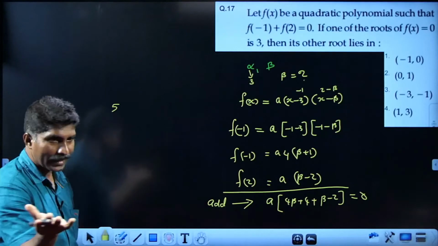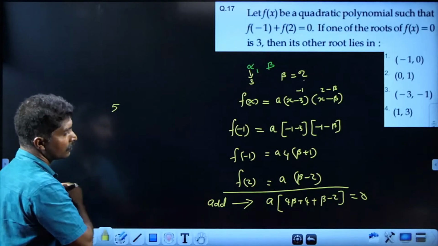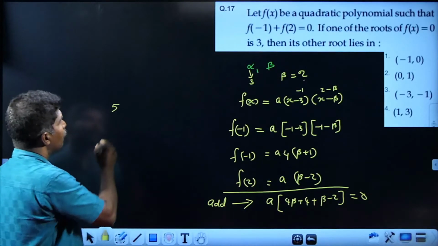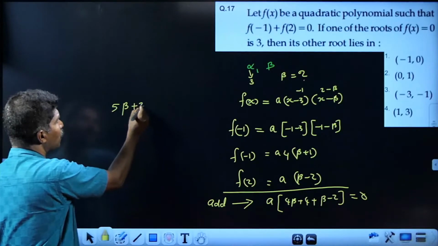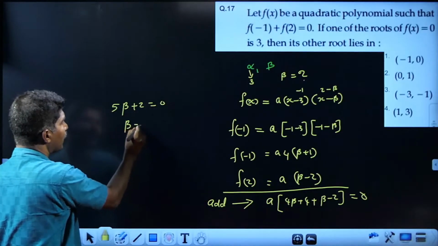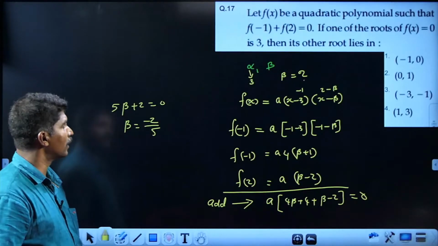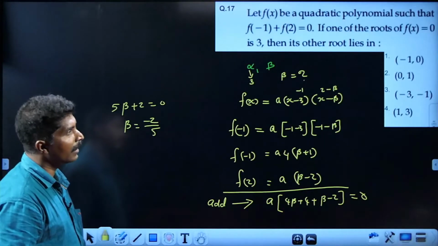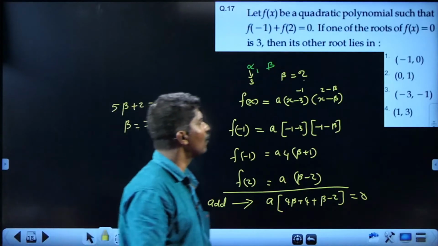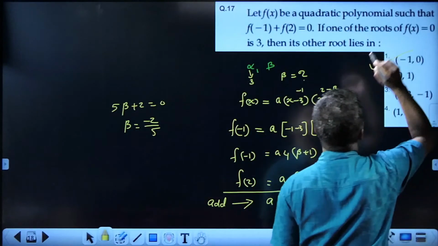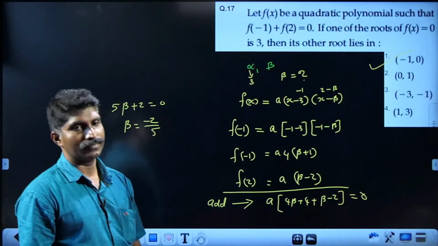A cannot be 0, you know it. So 5 beta plus 2 is equal to 0, therefore beta is equal to negative 2 by 5. It's a negative proper fraction, and that number will of course belong to (negative 1, 0).